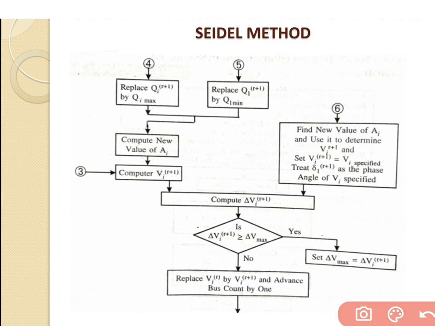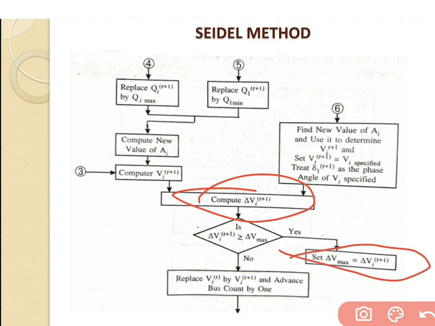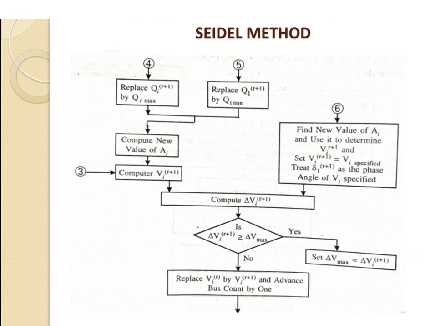If the condition is true, we set del V max equal to del V IR plus 1, and if the condition is false, then we replace the VIR by VIR plus 1 and advance the bus count by 1.